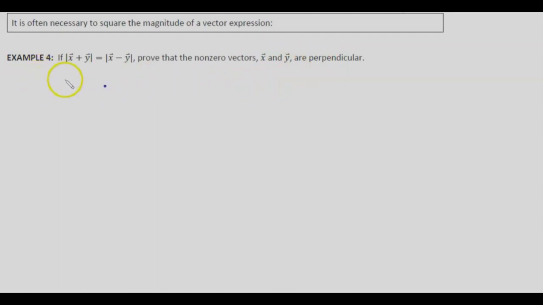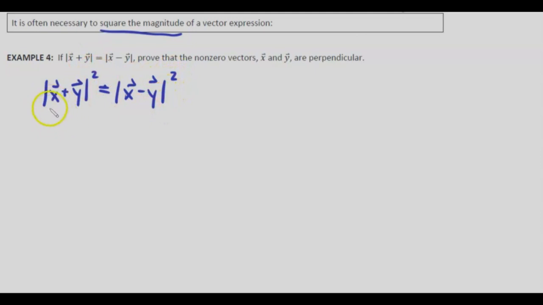Okay, so we know that what we do to the left-hand side, we do to the right-hand side. And then that keeps our algebra balanced. So this is an example where we want to square the magnitude. So let's go ahead and square both sides.